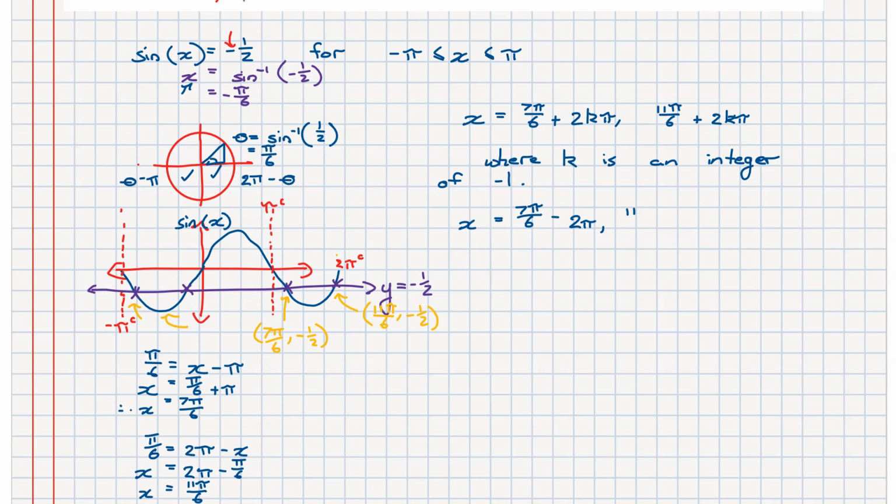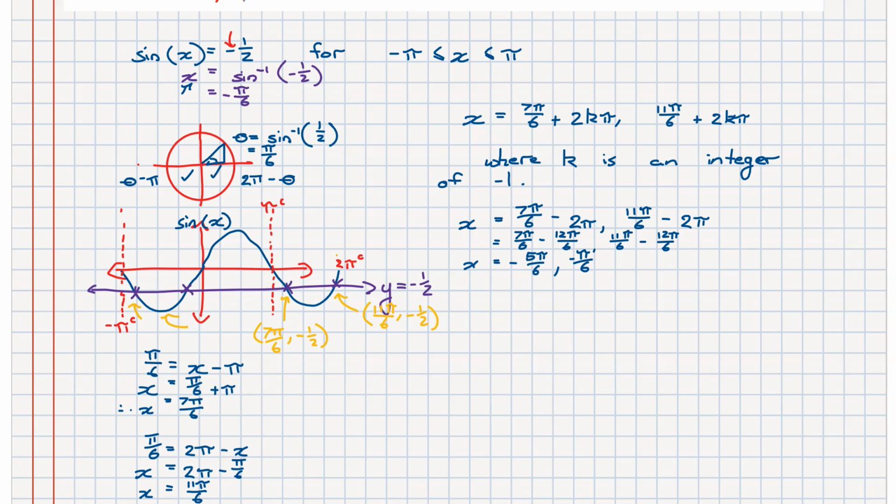And then the next one will be 11pi/6 minus 2 pi. Moving downwards, we're going to have 7pi/6 minus 12pi/6, 11pi/6 minus 12pi/6, and then 7 take 12 is going to be -5pi/6, and then we're going to get -pi/6.